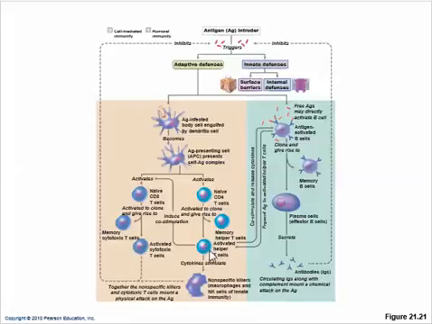The activated helper will activate the B cell that will clone and give rise to cells that become plasma cells and cells that become memory cells, which then make the antibodies, which neutralize, precipitate, agglutinate, and activate complement, which goes down here, which makes it easier for the macrophages to eat and destroy the intruder.